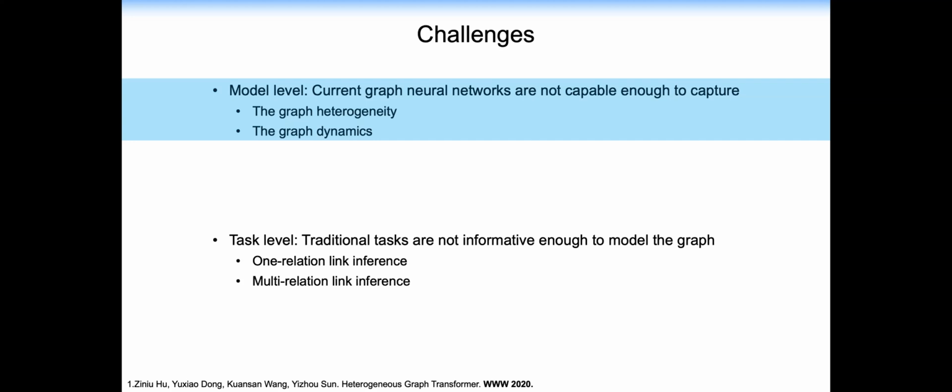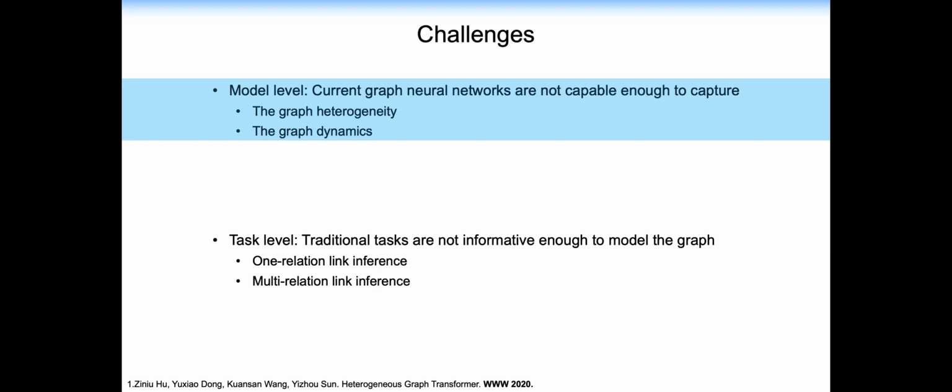Similarly at the task level, existing tasks on knowledge graph inference, like link prediction or knowledge graph completion, are not informative enough to guide the learning model to fully understand the knowledge graph that is associated with lots of different relationships.